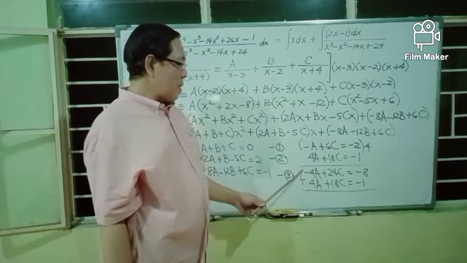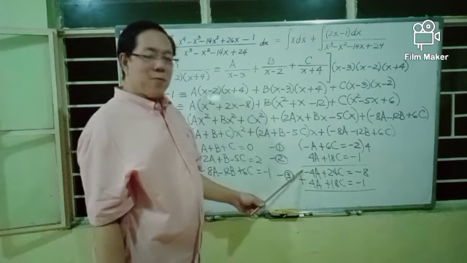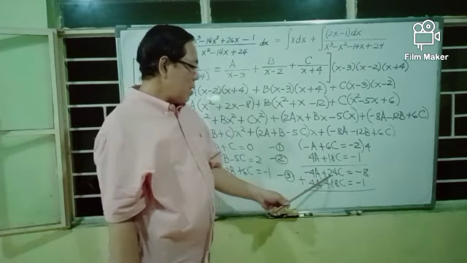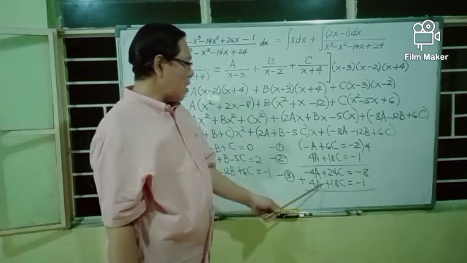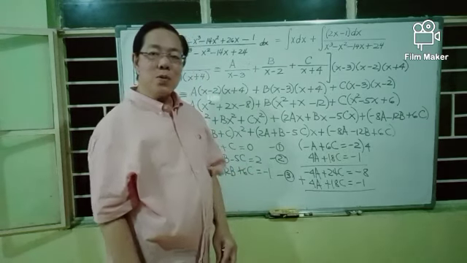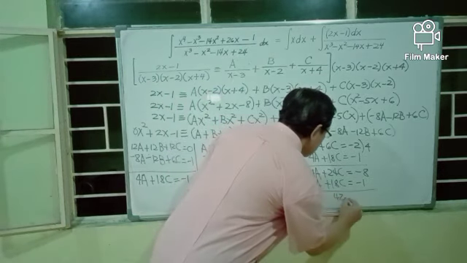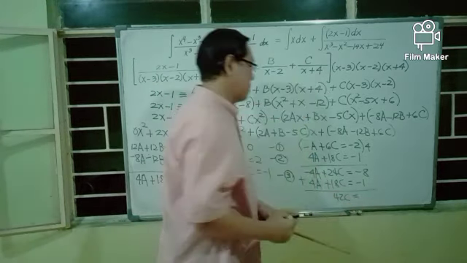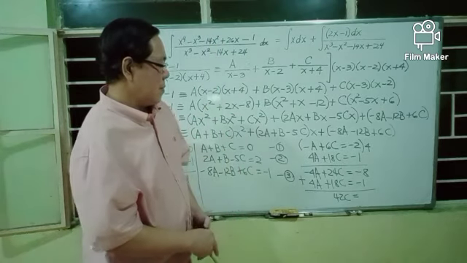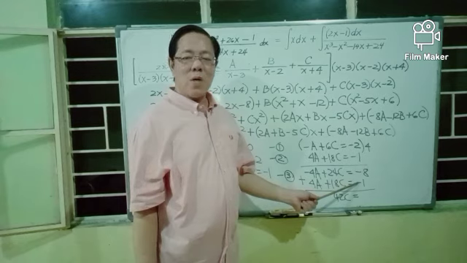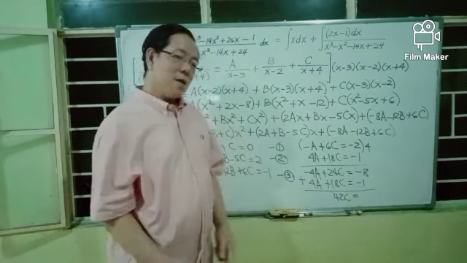One is positive and the other is negative. So if you add negative 4a plus positive 4a, you get 0. 24c plus 18c, you get 42c. And minus 8 plus negative 1 is negative 9.